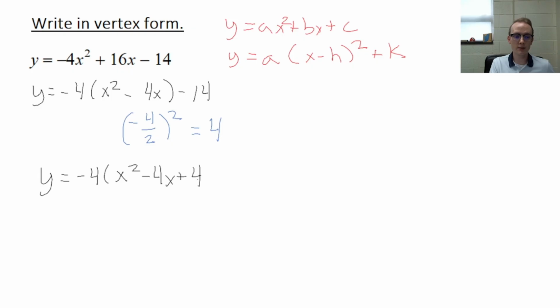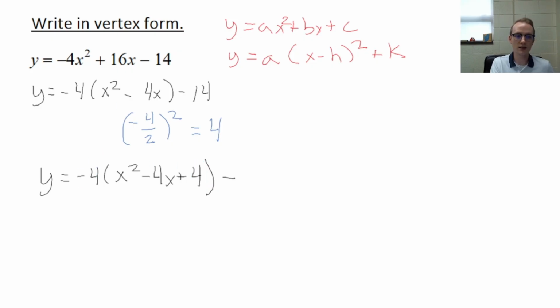We're doing this because now this right here is a perfect square trinomial, and we're able to factor this and make it look like x minus h squared, or x plus or minus something in parentheses squared. So we're going to close off our parentheses right there, but we're not done. We added 4 here. We also need to subtract 4, but we're adding 4 inside a parentheses that's being multiplied by negative 4.